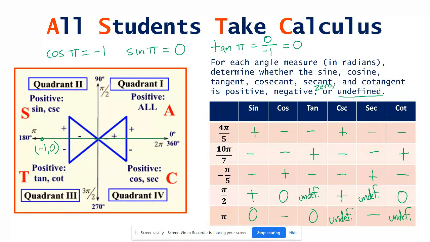And just remember, if you get a 0 for your sine, your cosine, or tangent, the reciprocal will be undefined. You're not going to get an undefined sine or cosine. But if you get an undefined tangent, the reciprocal then would be 0. So there you go. That's All Students Take Calculus, and I hope that all makes sense.